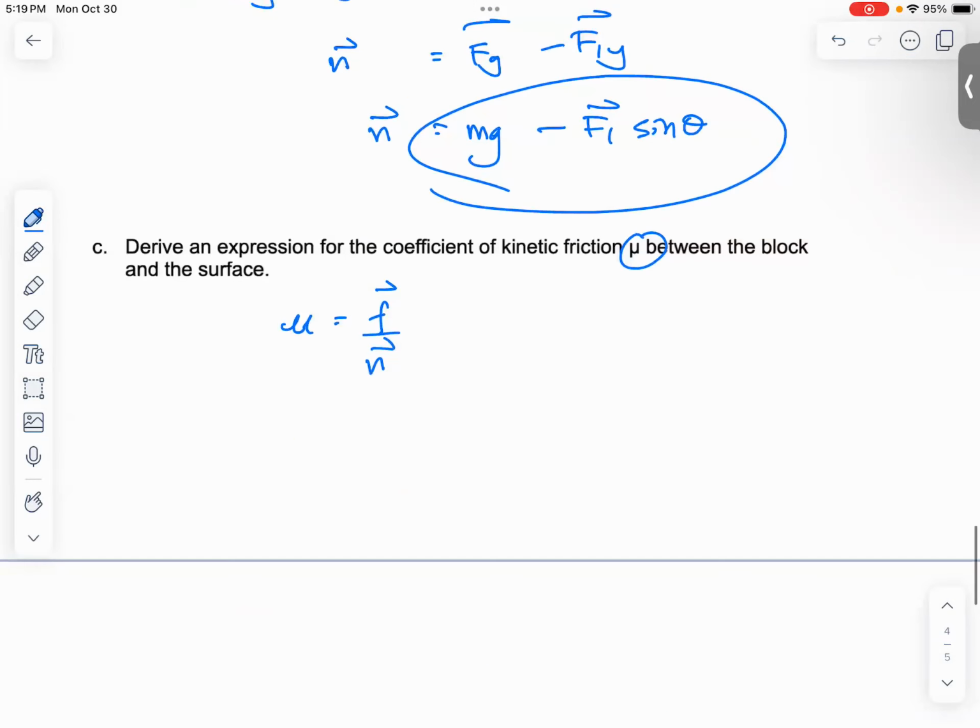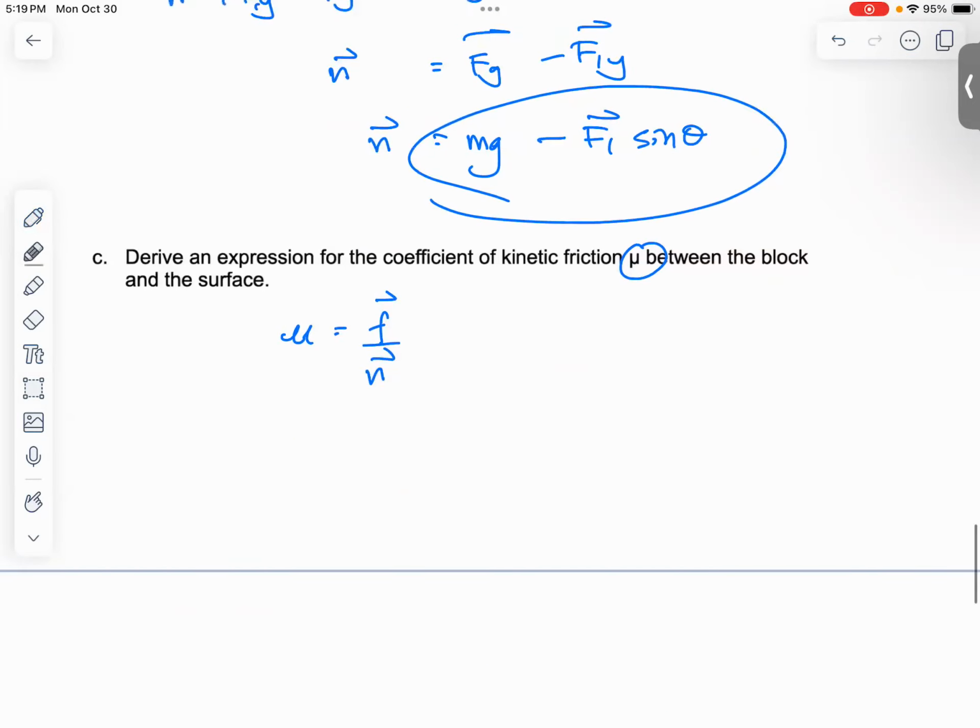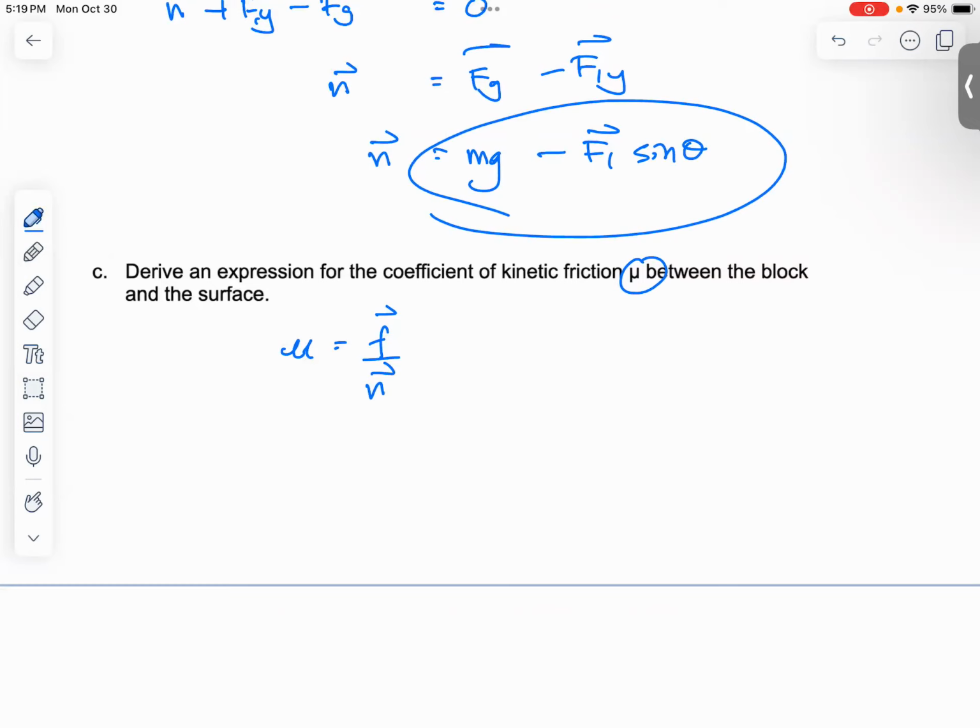How are we going to get the expression of the friction force? F net in the x direction is not 0. F net in the y direction is 0, because the block is still on the surface. If you pull the block to the point that it lifts up off the surface, then the F net in the y direction will not be 0.